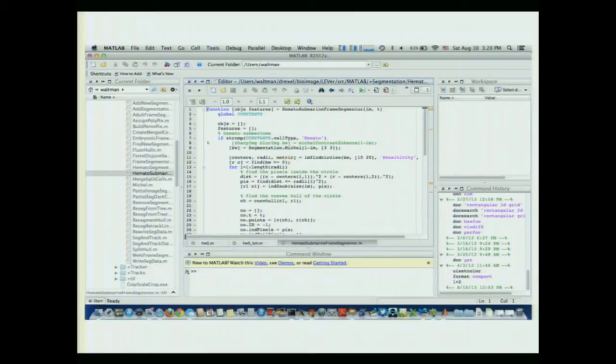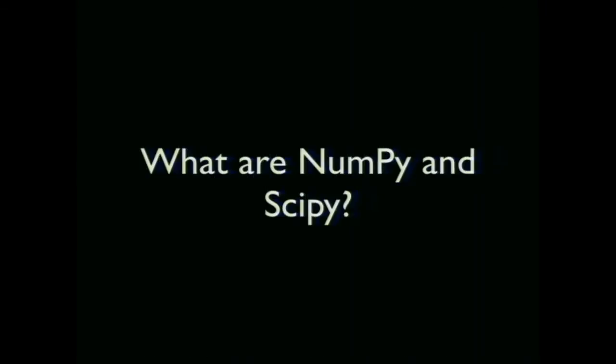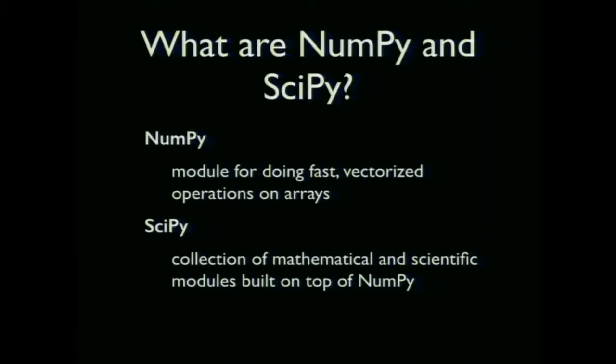A lot of people I know at Drexel and elsewhere in academia have started in MATLAB, and when the project outgrew MATLAB, they moved to NumPy and SciPy. And I'd heard so much about it, I really wanted to learn what it was all about. So what are NumPy and SciPy? NumPy, which is what I'm mostly going to be talking about, is a Python module that lets you do fast vectorized operations on arrays.